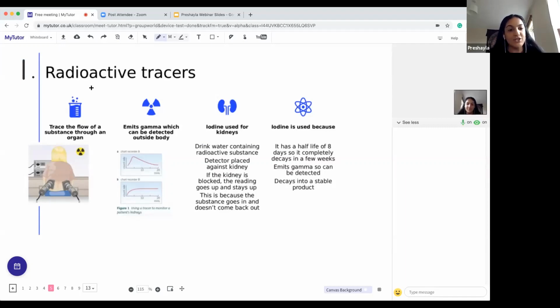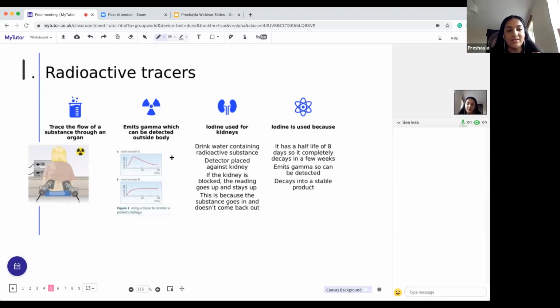So radioactive traces trace the flow of a substance through an organ. So you can see that this person has got these detectors on her, and these are on her kidneys. So it's to trace the flow of a substance through the organ.